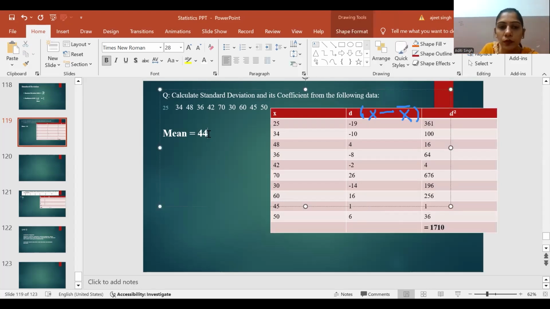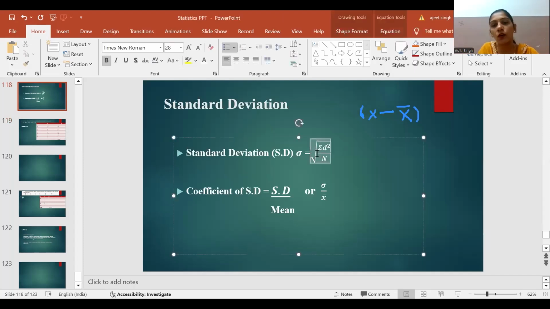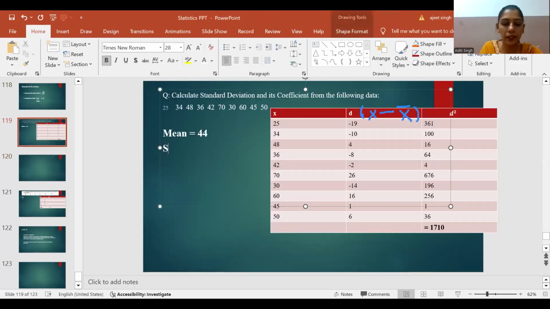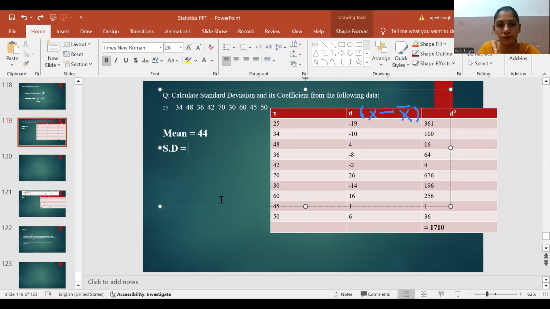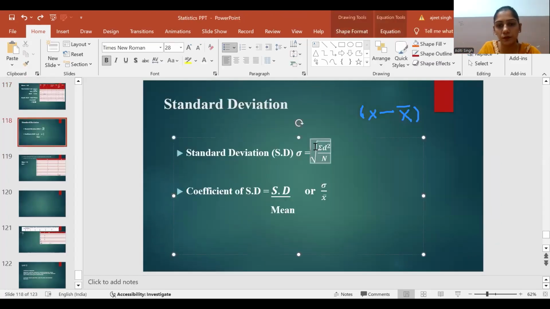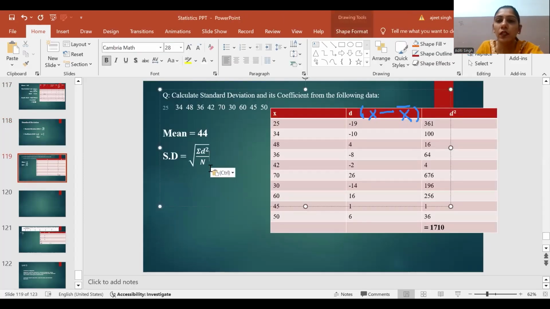Now what we have to do, as we have discussed, the formula of standard deviation is equal to under root sum of d square divided by n.